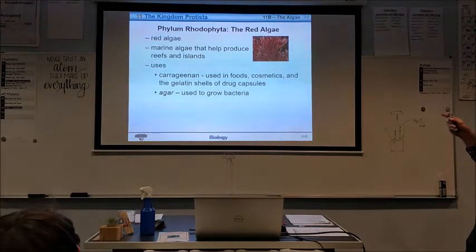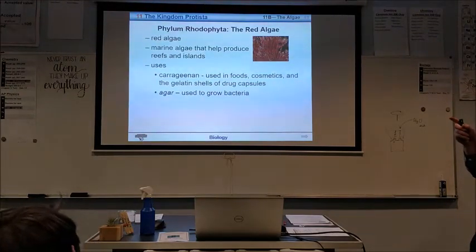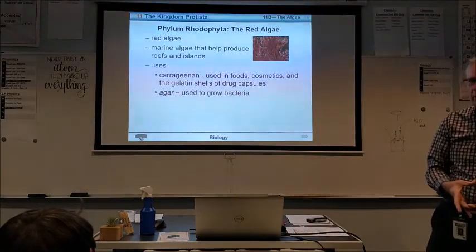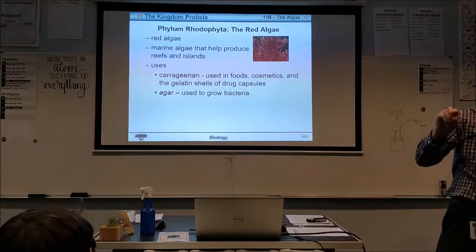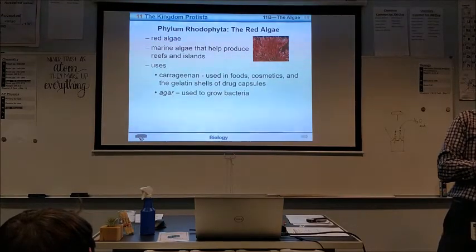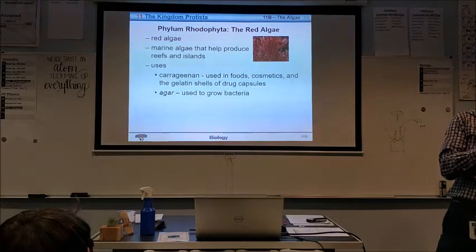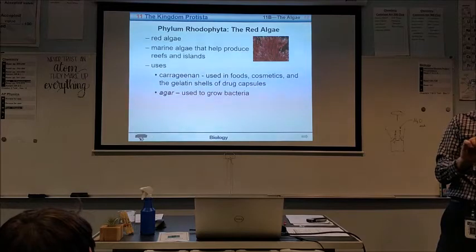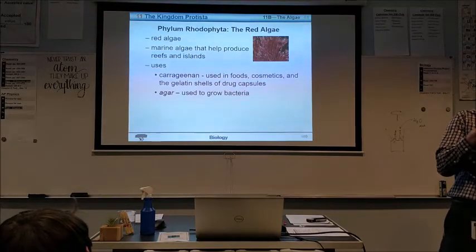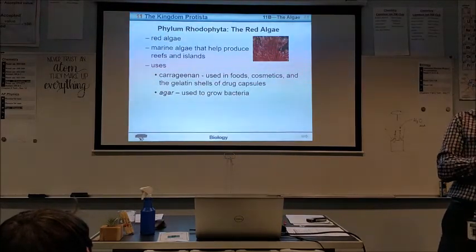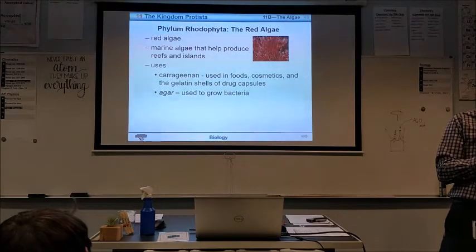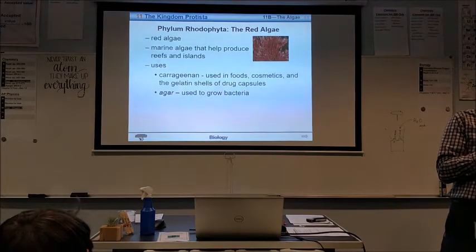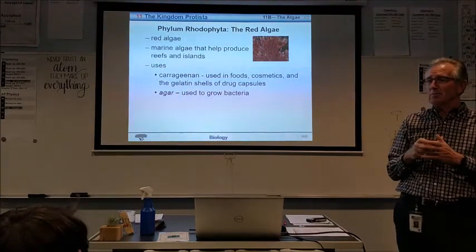Now, another thing we get from this particular algae is something called agar. Have you ever seen Petri dishes? They're often about this big around, and they're only about this deep, and they have this yellowish brown jello-like stuff on the bottom of it, and you can use it to grow bacteria. For instance, let's say they're testing you for strep throat, which remember was streptococcus bacteria.